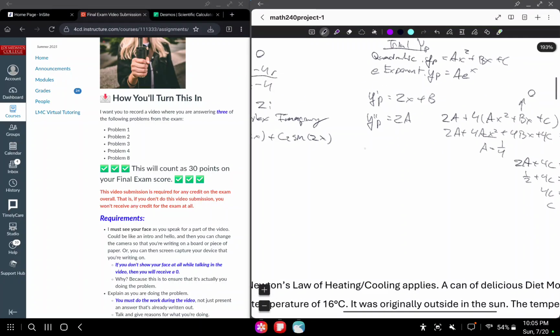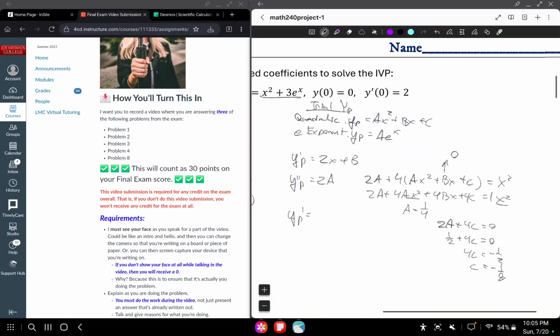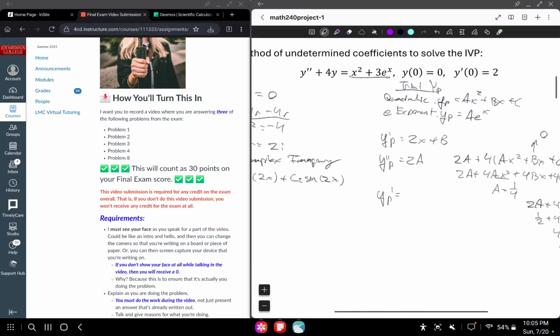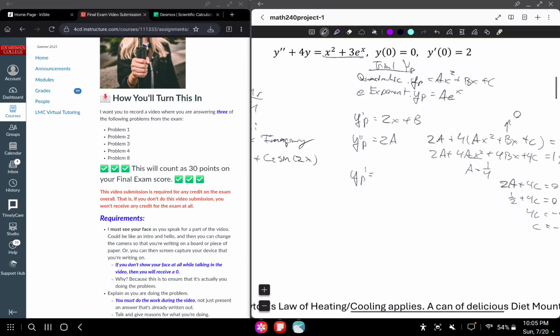Now let's do the particular solution for the exponential part. Y sub p prime, the derivative of e to the x, will just be a e to the x, y double prime equals a e to the x.